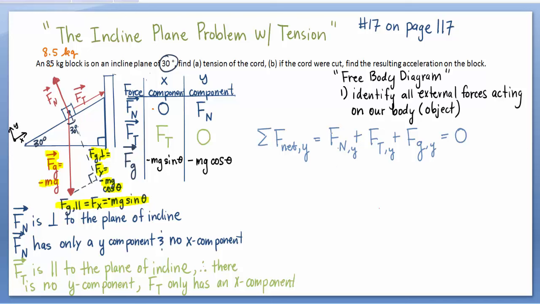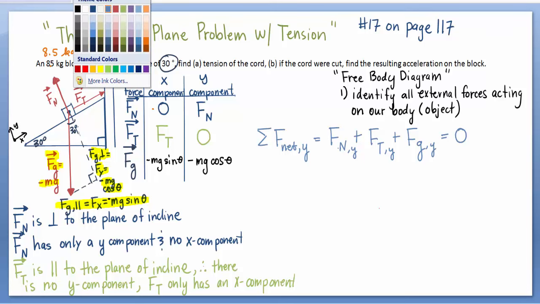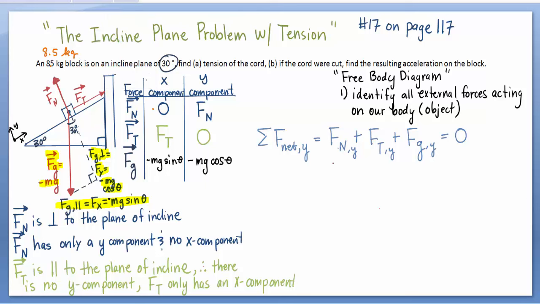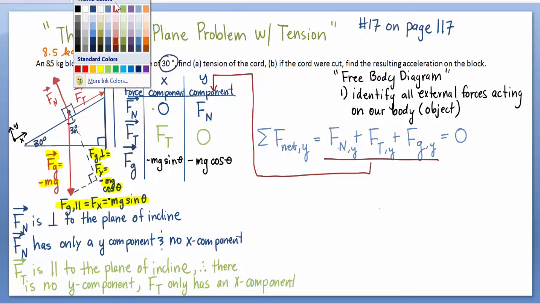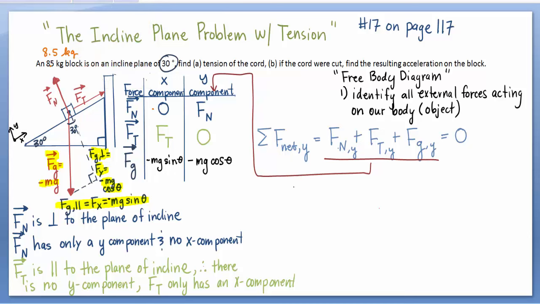And instead of rewriting all this, let's just take the component form, taking these components from what I have in this column. The component of Fn in the y direction, well, we don't know. That's what we're trying to solve for. So that's Fn.